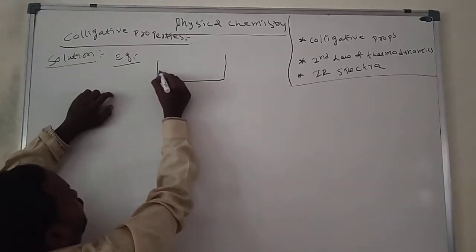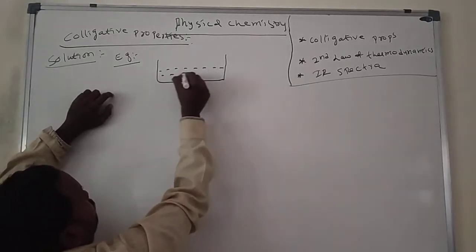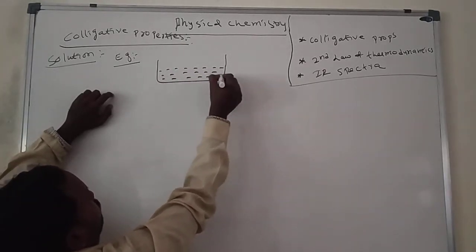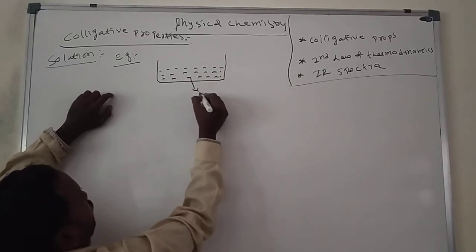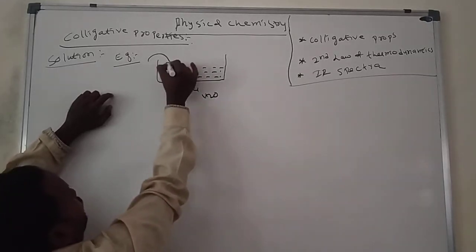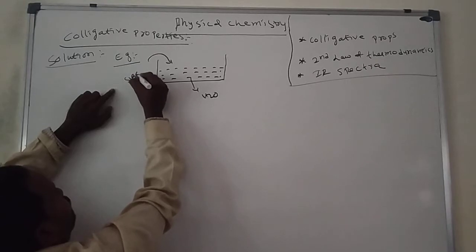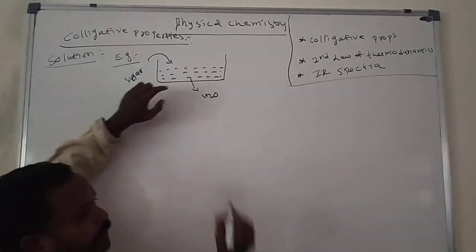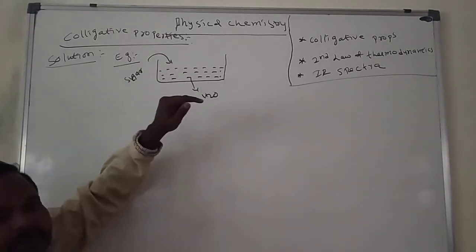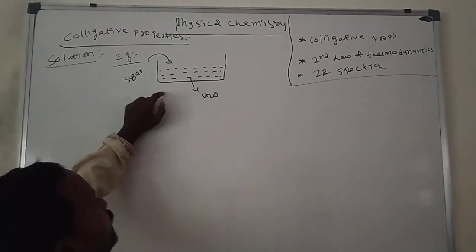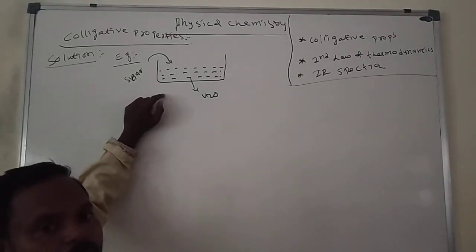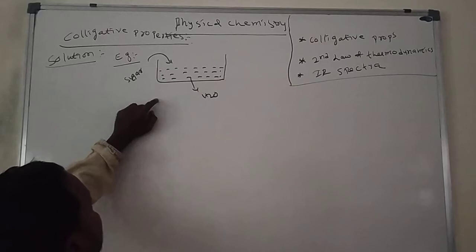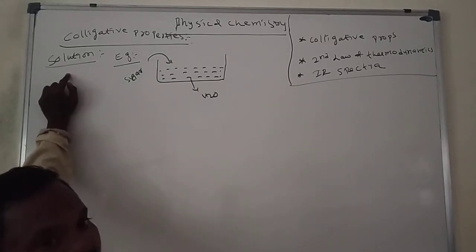Here I am taking water. Add sugar or salt and stir for 5 minutes. What do we get here? We get a homogeneous mixture. That homogeneous mixture we call a solution.